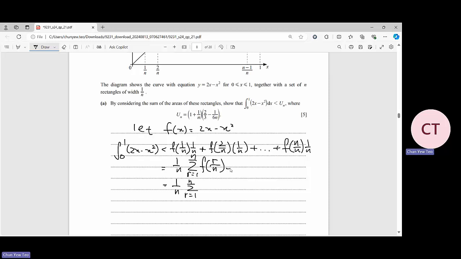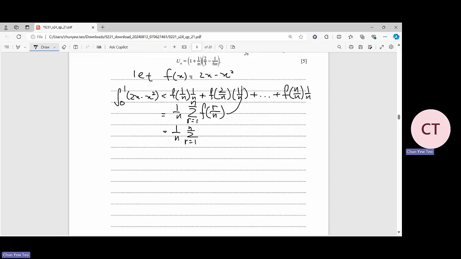Now you just replace all your x over here with r over n. Then you will get this relationship. You will get 2r over n minus r over n squared. So r is the variable, n is a constant. So we just need to separate them, you get this.